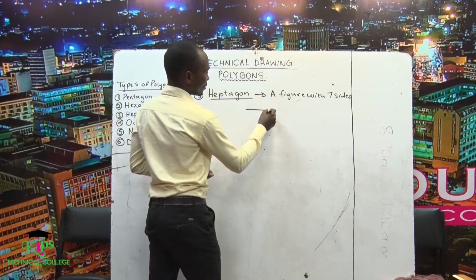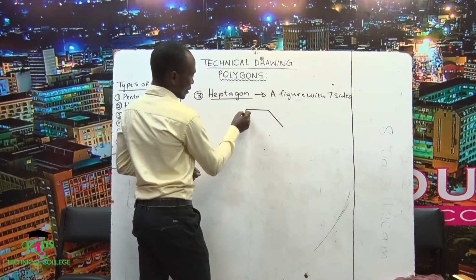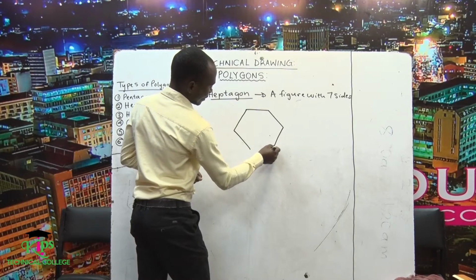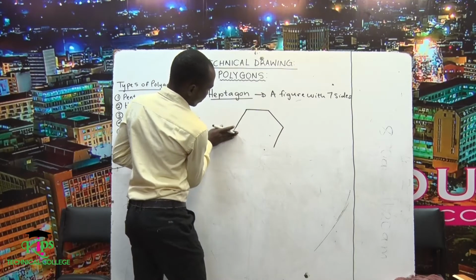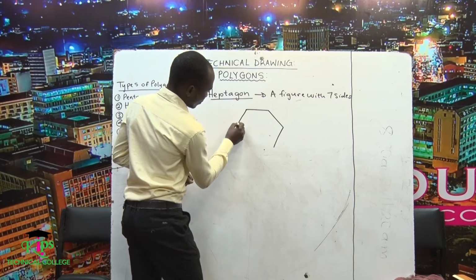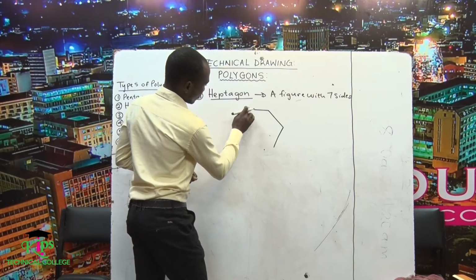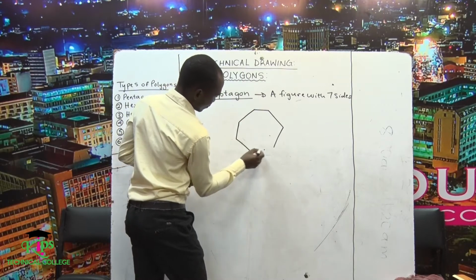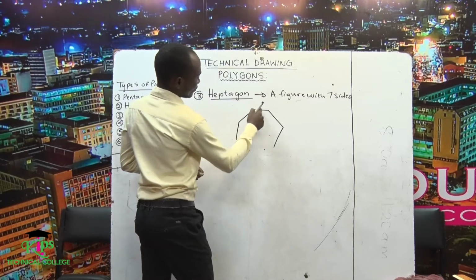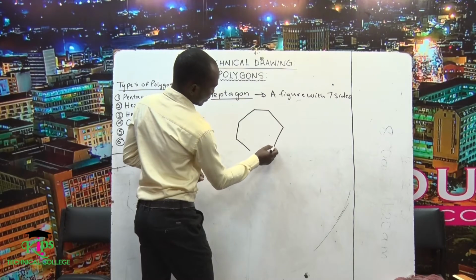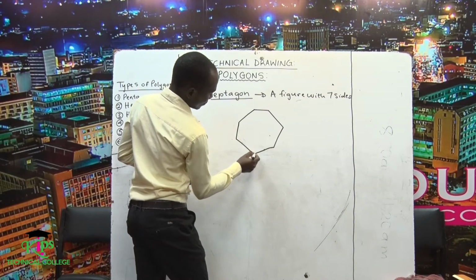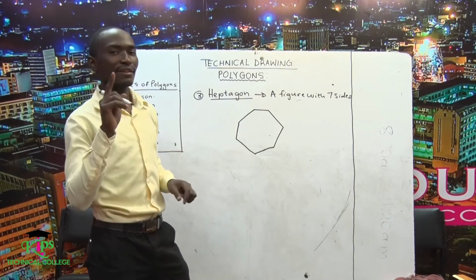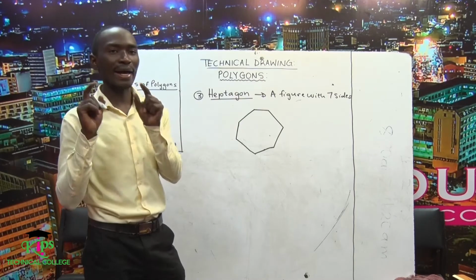So we have 1, 2, 3, 4, 5, 6, 7. So any figure that has got 7 sides, we call it a heptagon.